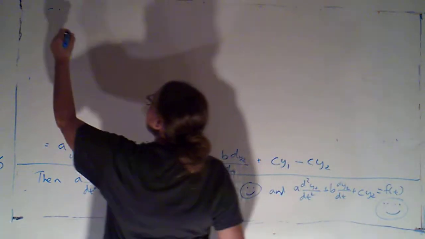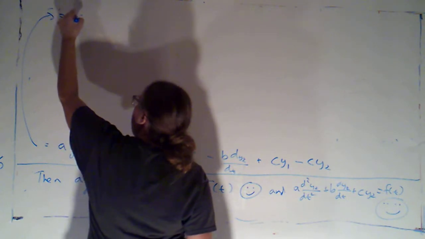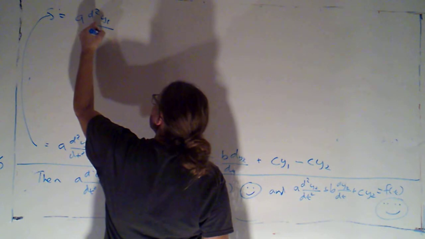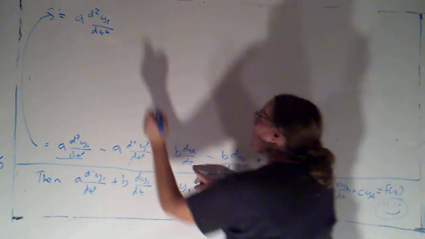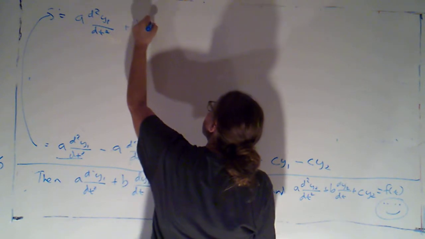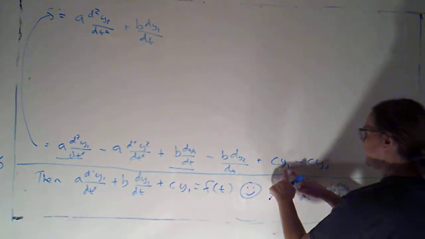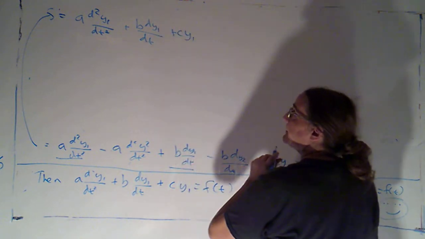So I'm going to say, coming up here, that this is equal to a times the second derivative of y1 with respect to t. And then I'm going to jump to the next term that has a y1, plus b times the first derivative of y1. And then I'm going to jump to the next term that has a y1, plus c times y1.